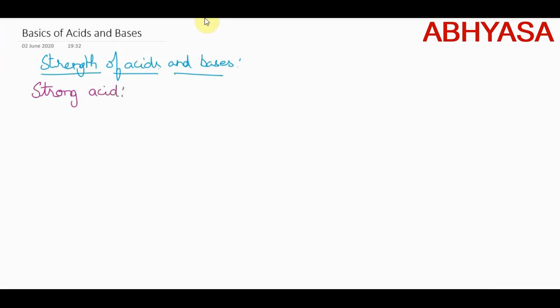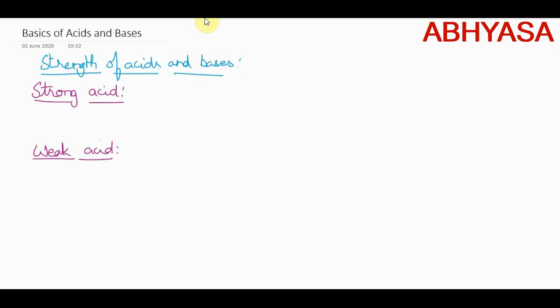In acids, we have two different types. One is strong acid and the second one is weak acid. So what is strong acid? We already know the meaning of acid. Now it's an extension of that one.